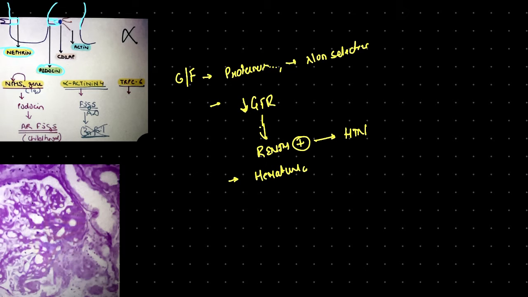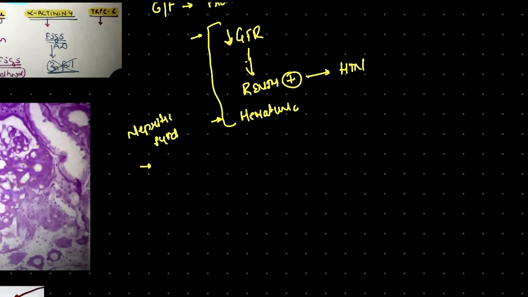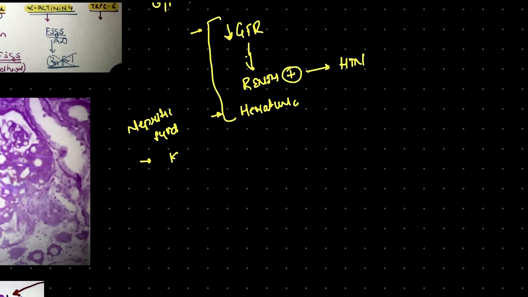Hypertension, hematuria, and decrease in GFR are also features associated with nephritic syndrome. This is important to know. If the situation worsens, there can eventually be kidney failure, renal failure also.